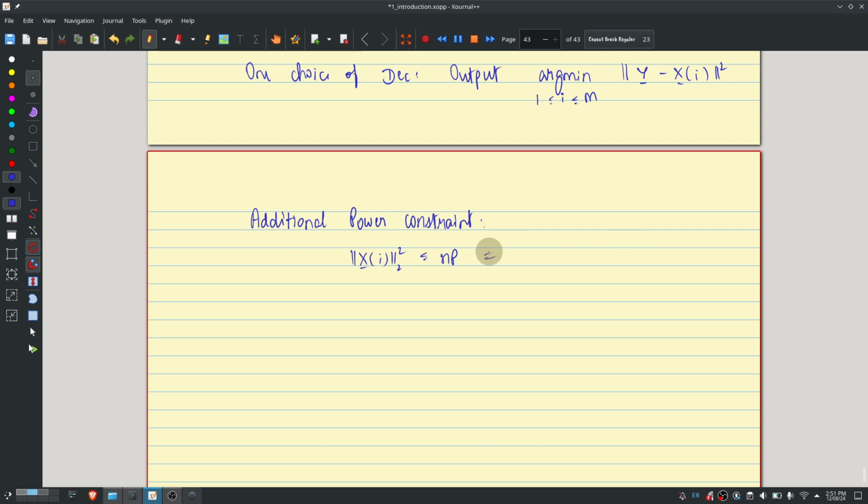It is the same as saying 1 over n summation j equal to 1 to n xj of i squared is less than or equal to p, where xj of i denotes the jth component of the ith code word.